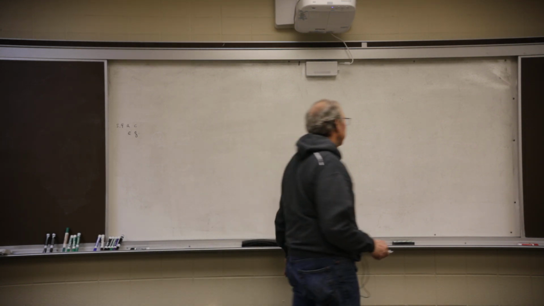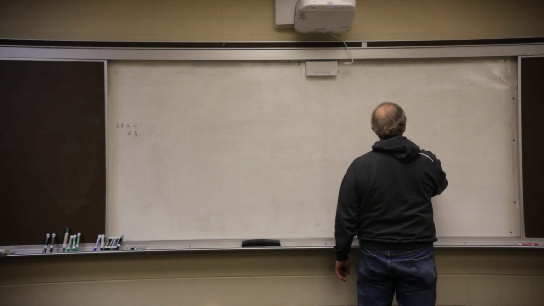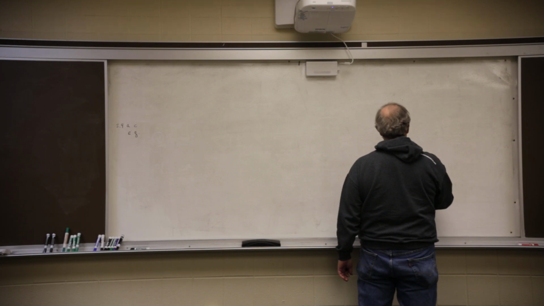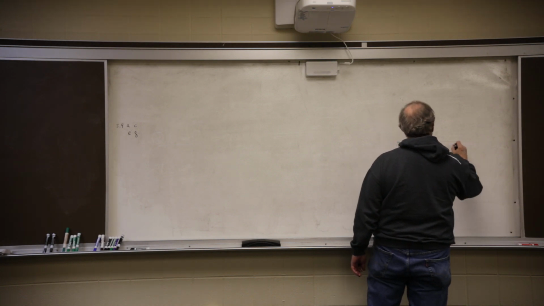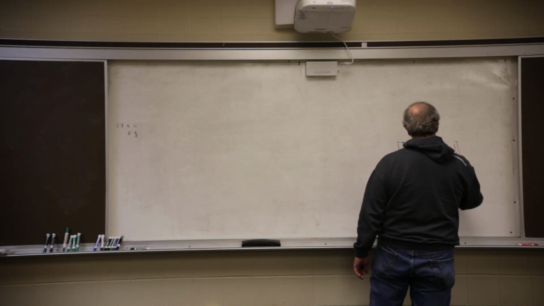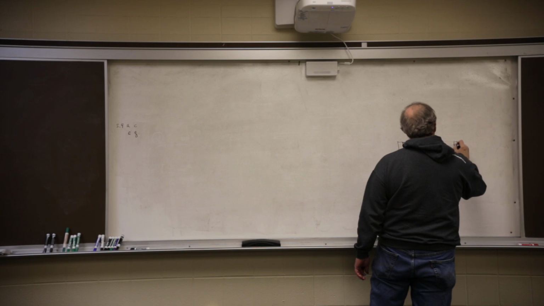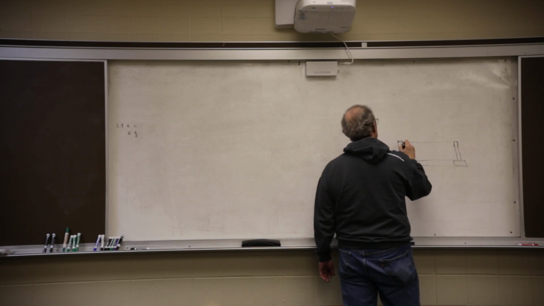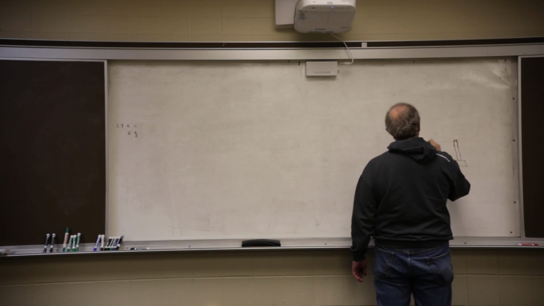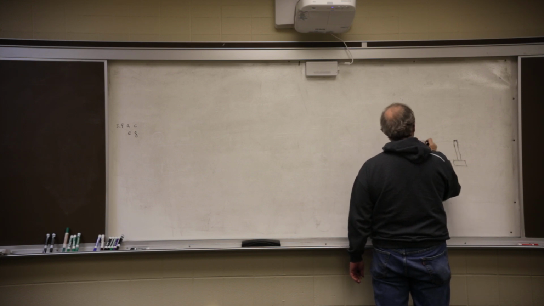If I was building a house, there's the basement. I put a plate on top of the wall, put a beam in the basement, plate on top of it, and then I put floor joists on it.